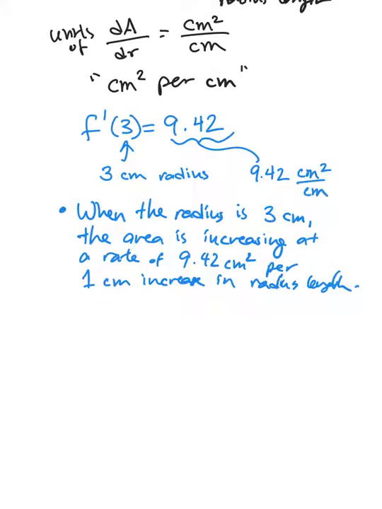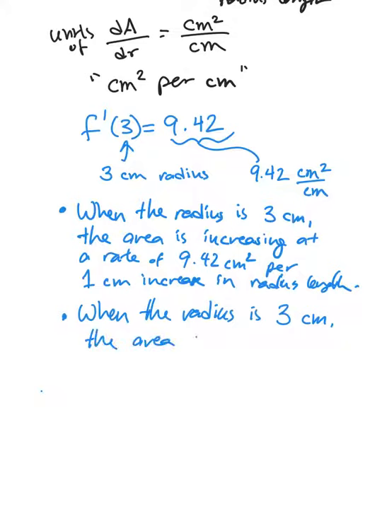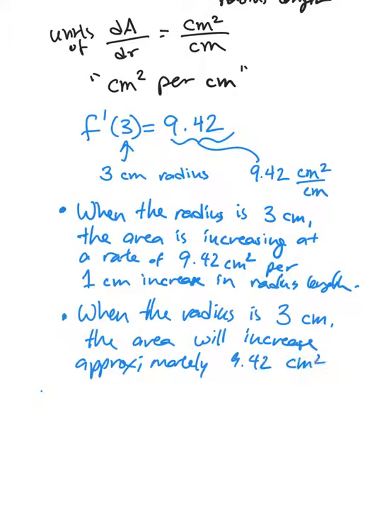Another way to say this would be something like when the radius is 3 centimeters, the area will increase approximately 9.42 square centimeters if the radius was increased by 1 centimeter.